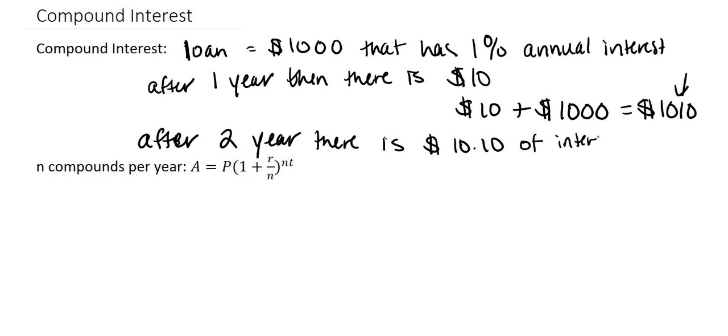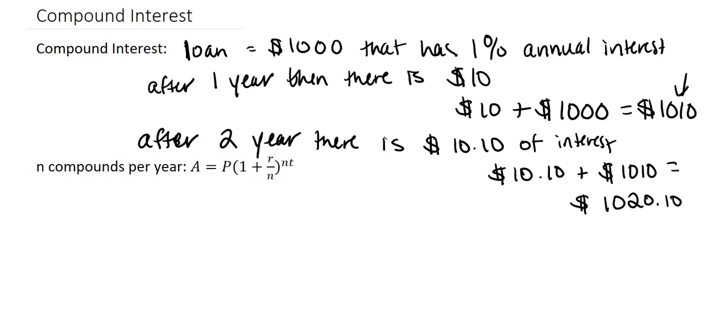So then you add that to this amount. So you go $10.10 plus $1,000 and $10. So what does that equal? Well, you would get $1,020.10. So after 2 years, you would have $20.10 on it.